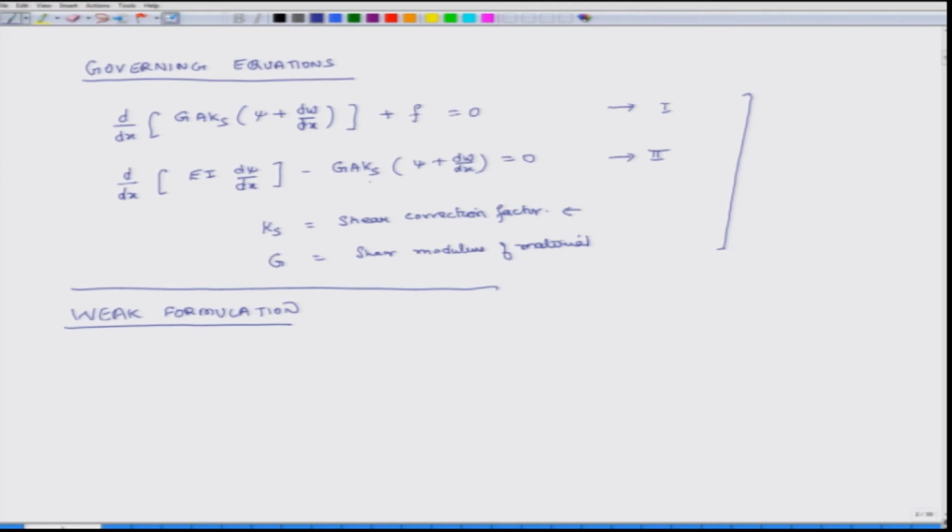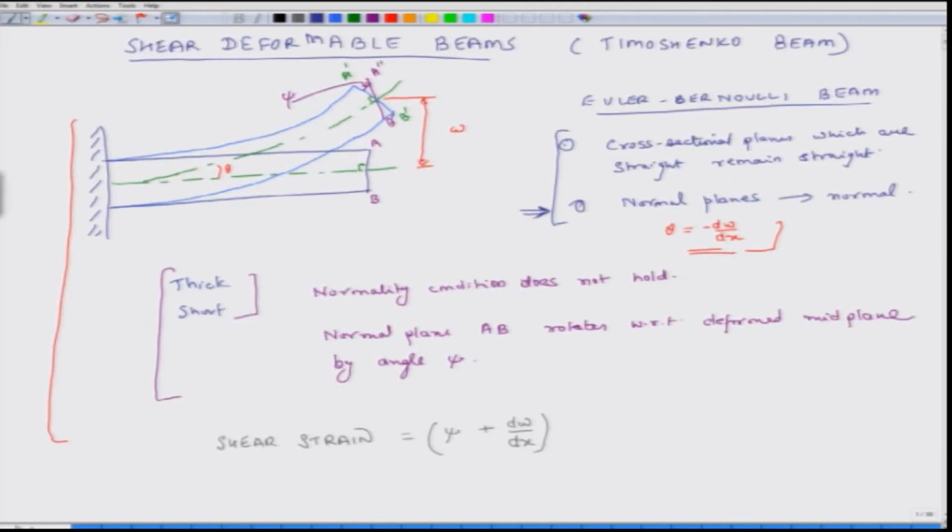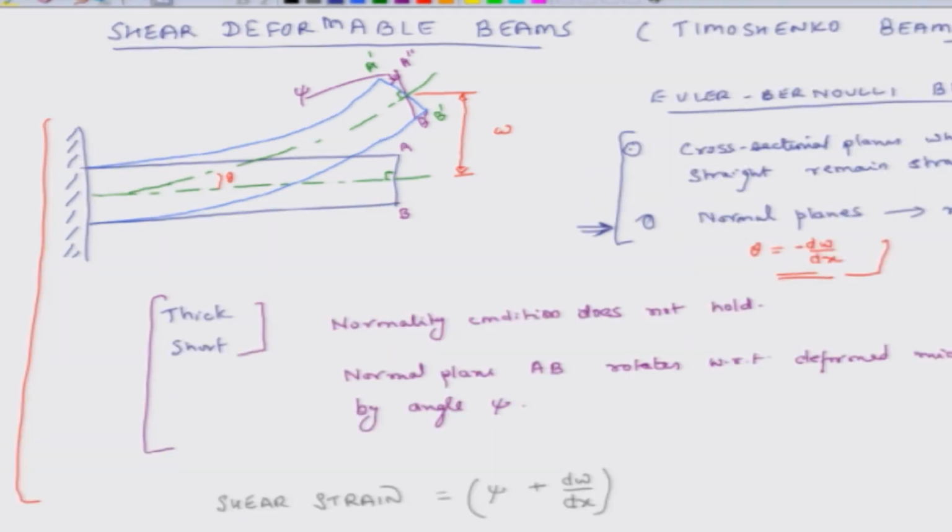Okay. Oh, by the way, I think there is a small error in this, that this angle which is psi is with respect to the original. So, this was my original situation.